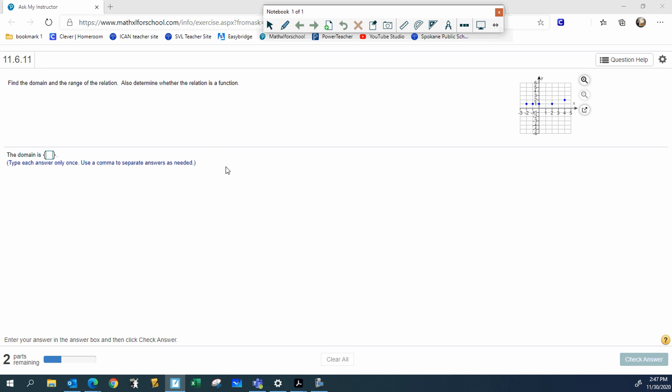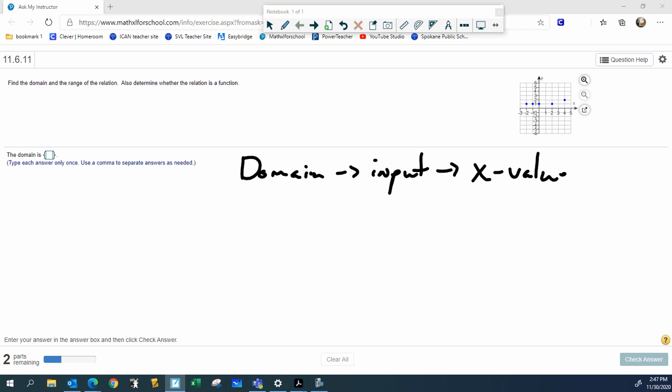So to recap what domain means, domain is the input of a function, or we can call it the x values for each of the points. And then when we get to range, our range is our y values or our output of a function.